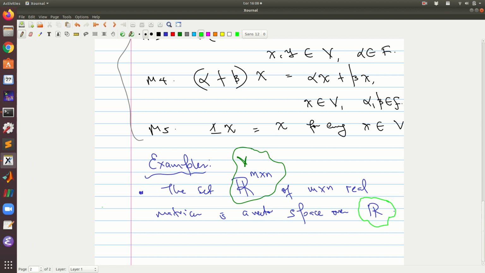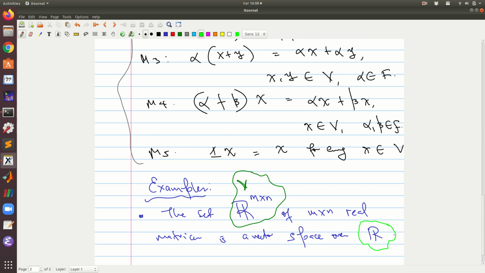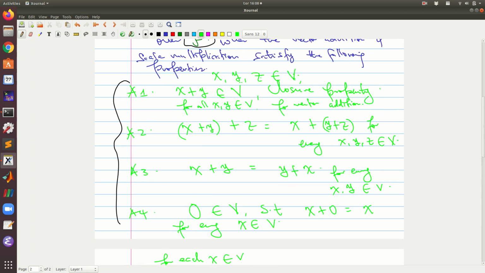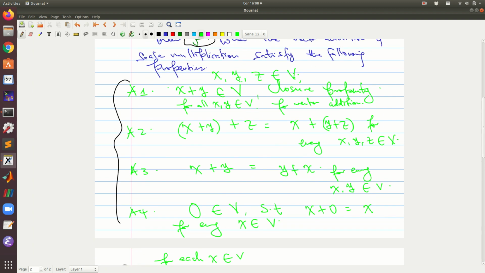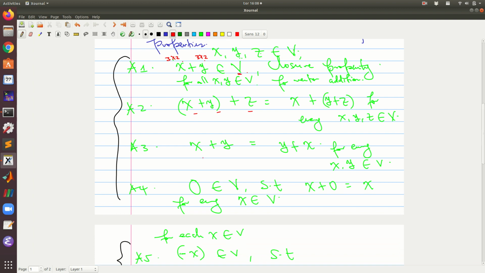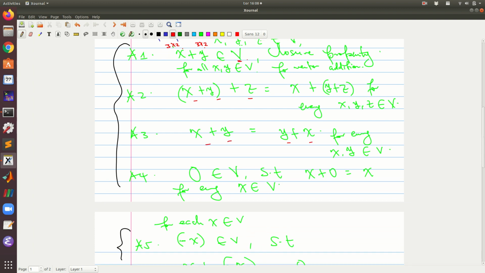In other words, you can show that A1 up to A5 holds. If you get a matrix, let us say a 3 by 2 matrix, since it is m by n, and another 3 by 2 matrix, if you add them, the result is also a matrix. Associativity holds for matrices, doesn't it? Commutativity holds for matrix addition.